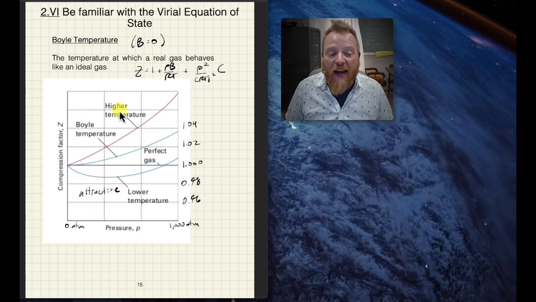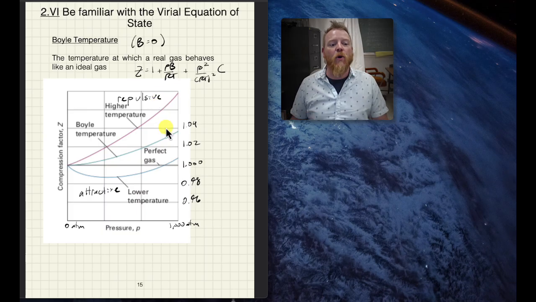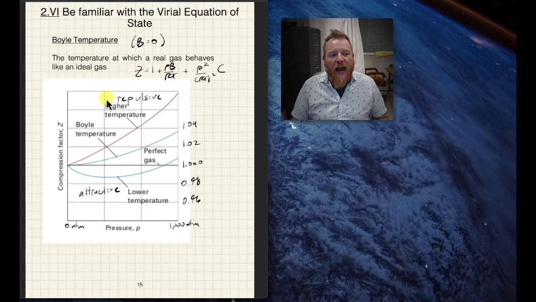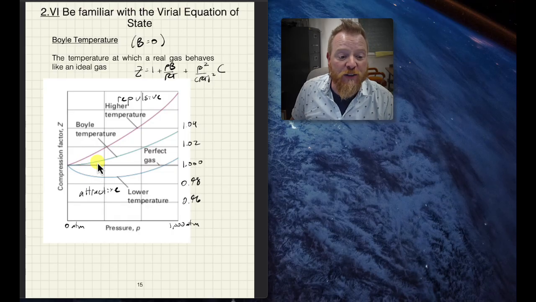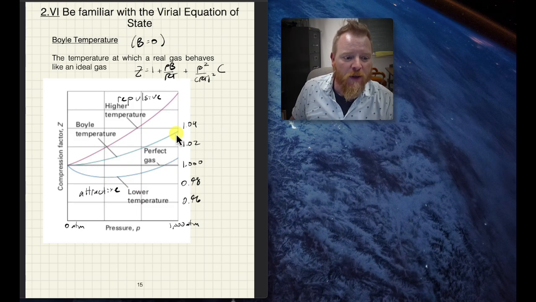However, at a higher temperature for any given pressure, across this whole big range, a higher temperature would owe to the repulsive regime. And then finally, we're down to this Boyle temperature. And what I want to point out, you notice when we get to a high enough pressure, the Boyle temperature does take off into the repulsive regime.